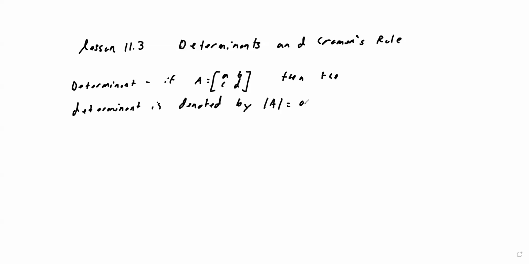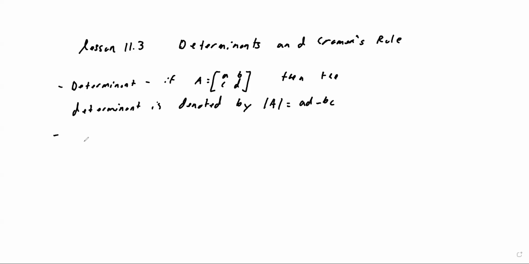The equation is just AD minus BC. Basically, you take this diagonal minus this diagonal. So you can use A11 times A22 minus A12 times A21. Totally okay with that. I just find that this is a little bit easier to understand.